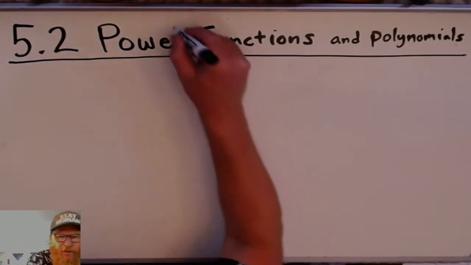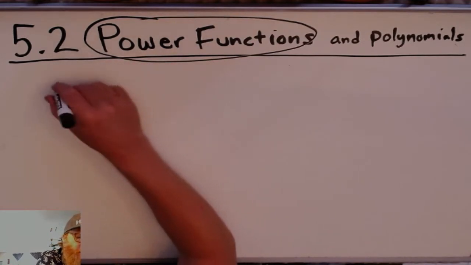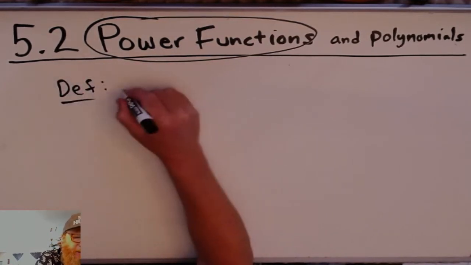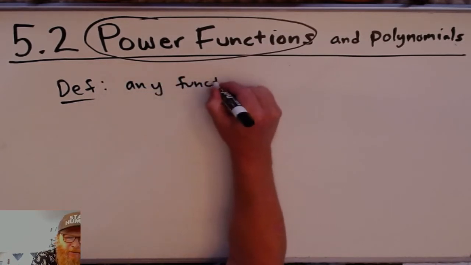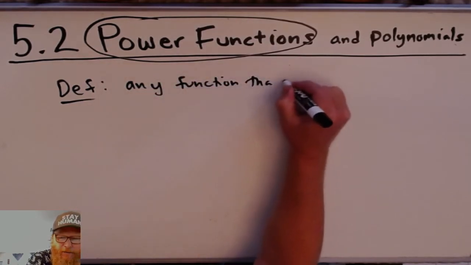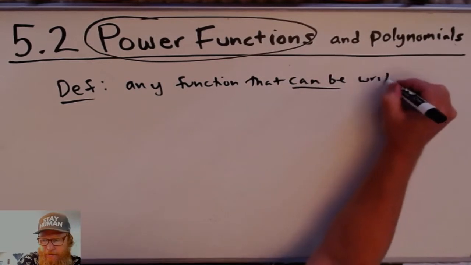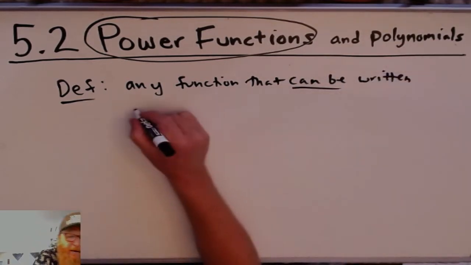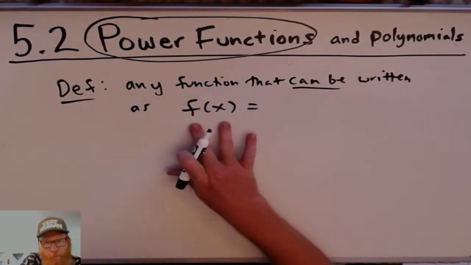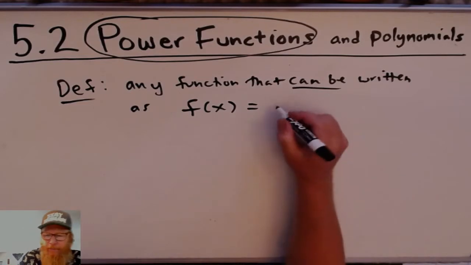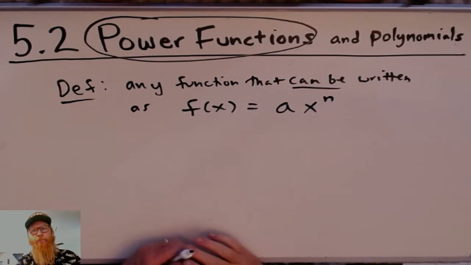So let's start off with a power function. The definition of a power function is any function that can be written as f of x, or y if you prefer, equals a times x to the n power.